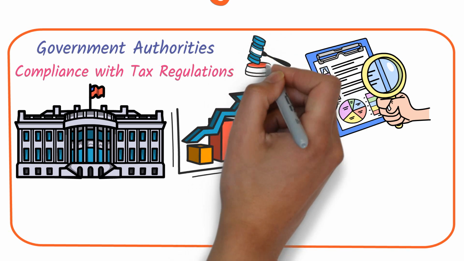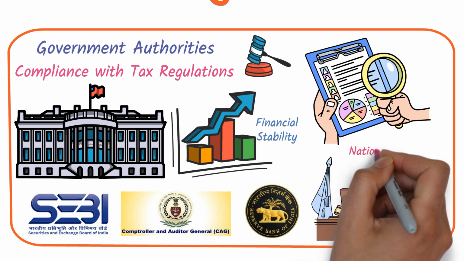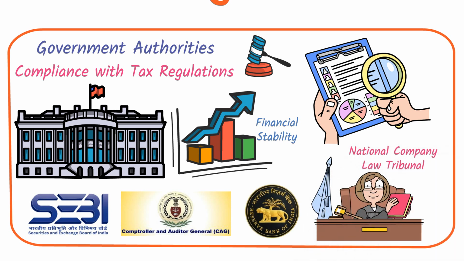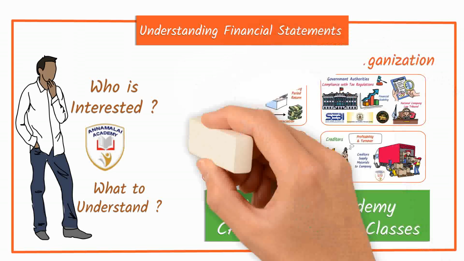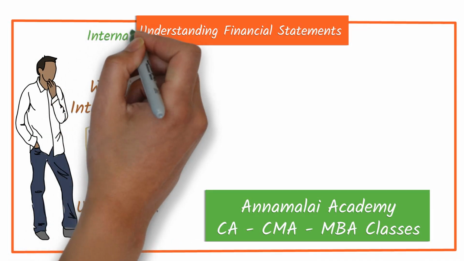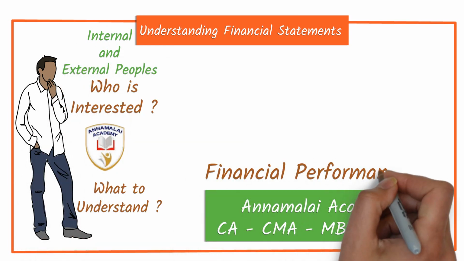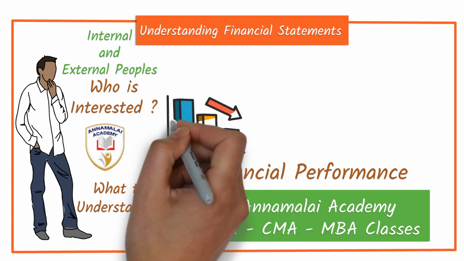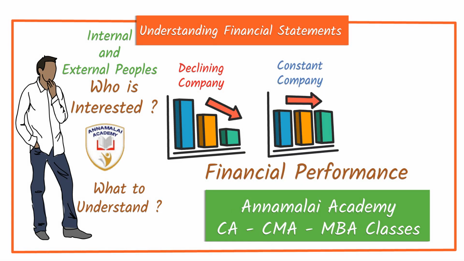Some of the government agencies like SEBI, CAG, RBI, National Company Law Tribunal do the work of understanding the financial stability and thereby passing on the information to the common people. So, putting together, the internal and external people analyze the financial performance and come to a conclusion about a company, whether it is a declining company or a constant company or a growing company.